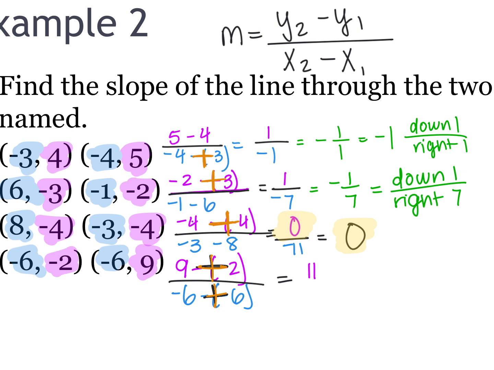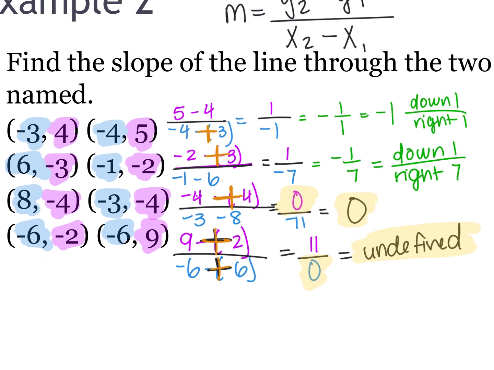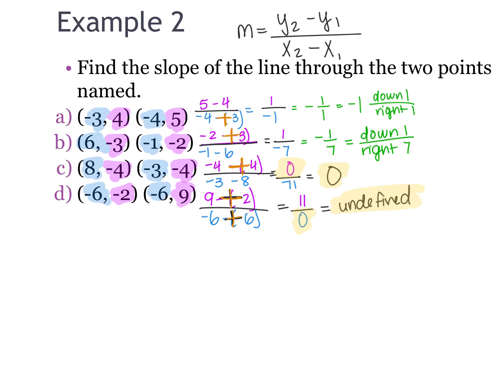You're one off, you're good. All right, so I have 11 over 0. Now I have a 0 in my denominator, so this answer is going to be undefined. Now we should know the difference between a 0 slope and an undefined slope. If you don't know which one's which, go back to the previous slides, where for 0 slope I'm just going to write it out.